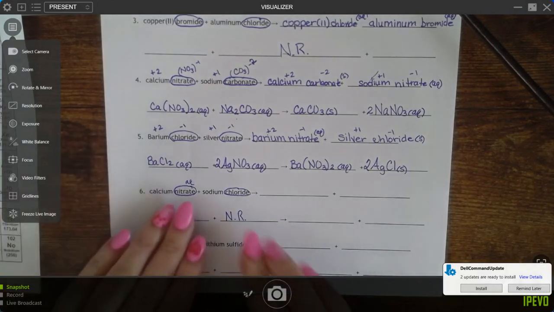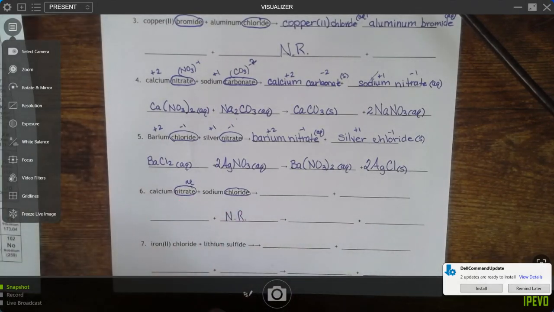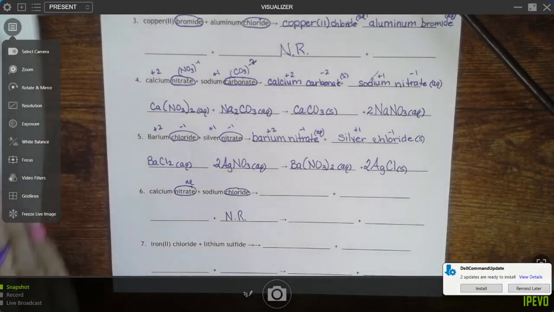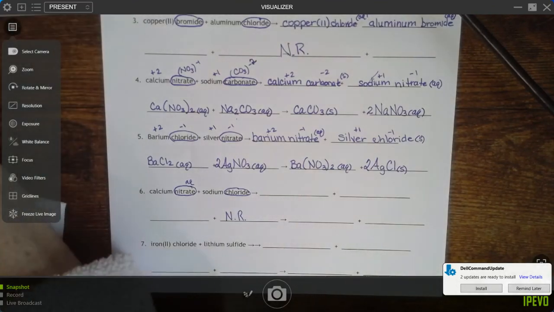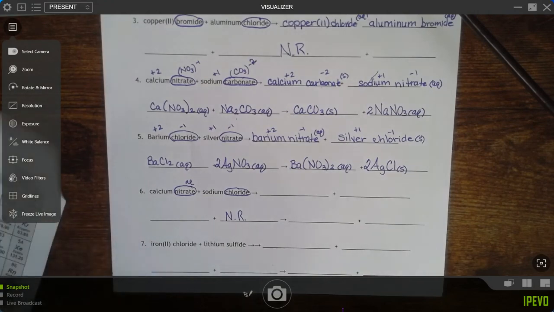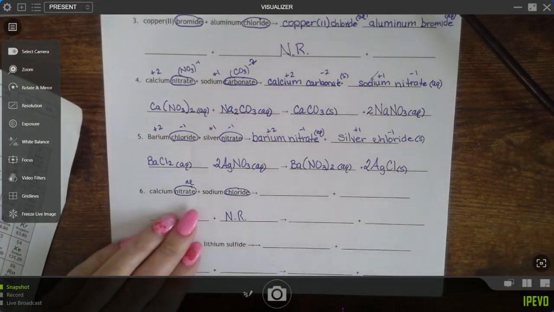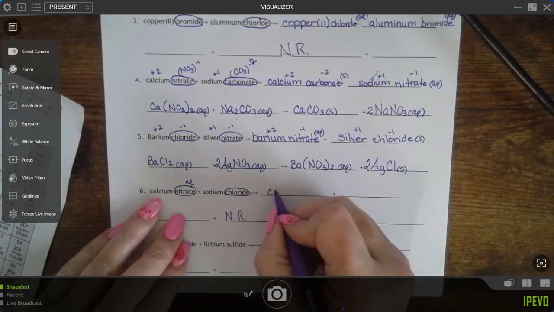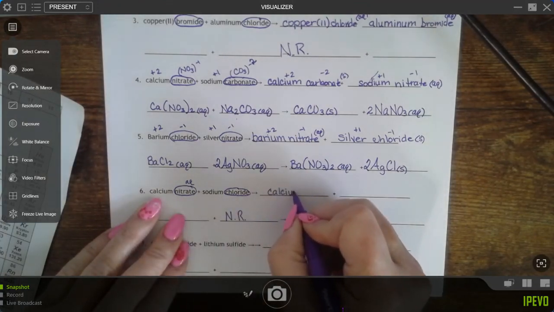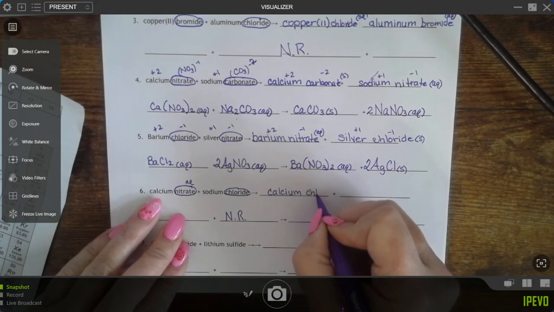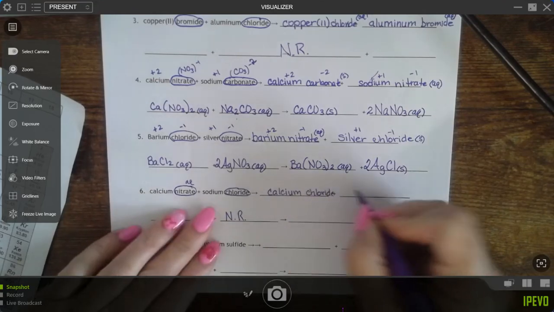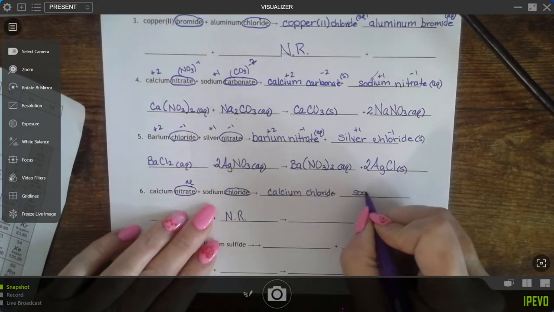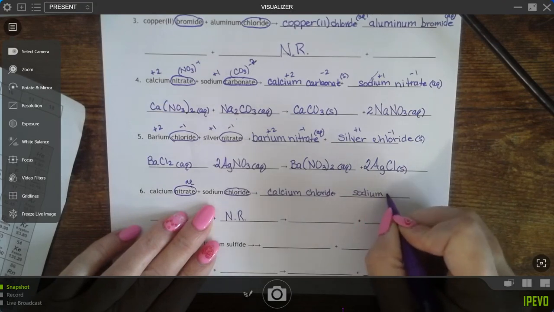But just for those of us who are still kind of getting the hang of this, I want to take a minute and write it out in words so that you can see. I don't want to jump ahead. So we would end up with calcium chloride plus sodium nitrate.